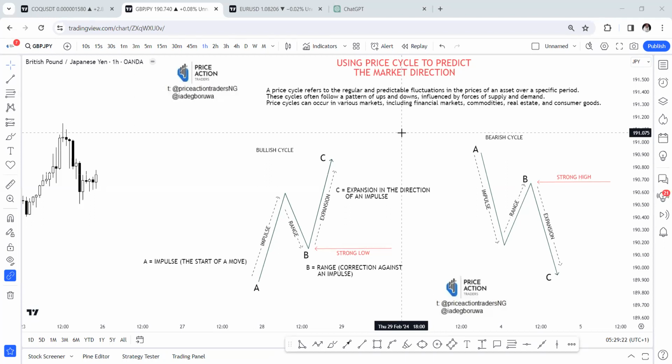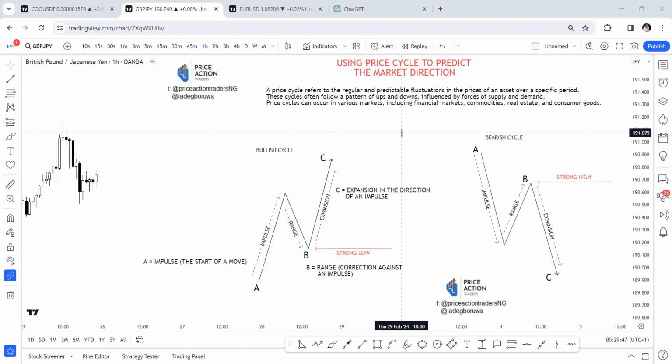So what we want to do is see how this can be applied to be able to predict the market direction with a substantial predictability or accuracy.